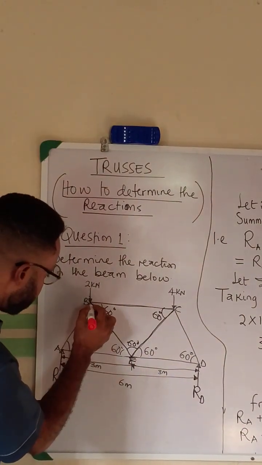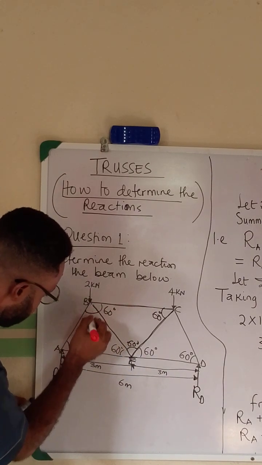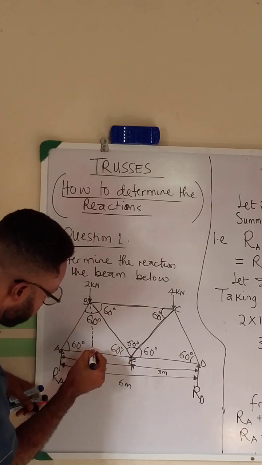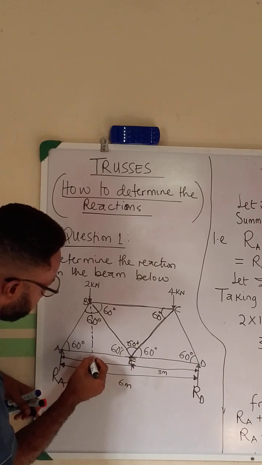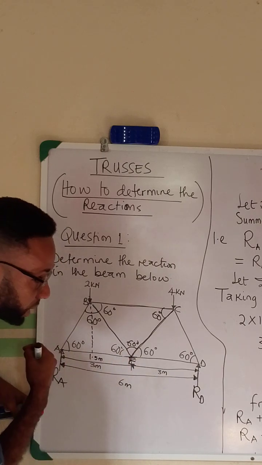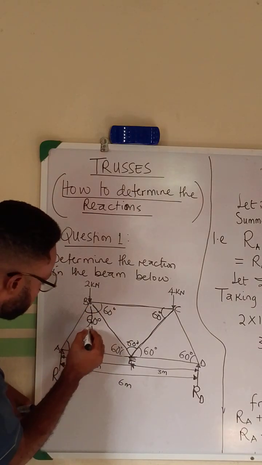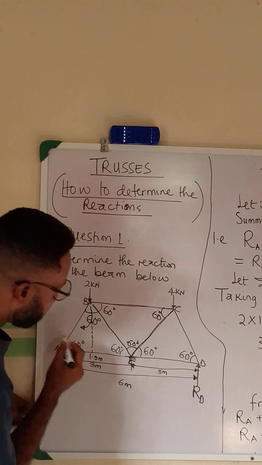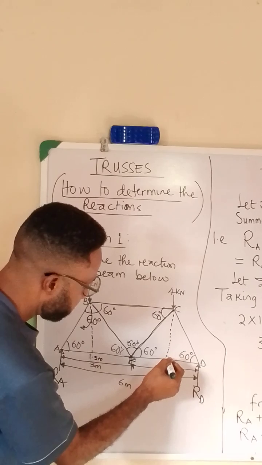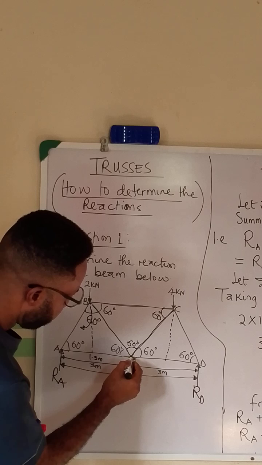If this force is turning to A, it will turn at the middle, because this is an equilateral triangle. The middle will be 1.5 meters, because from here to here is 3 meters, and it will turn clockwise. Then for this other force, it turns at the middle, which is 1.5.